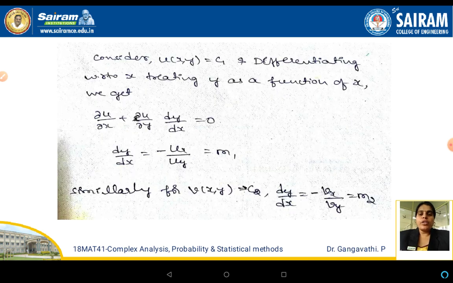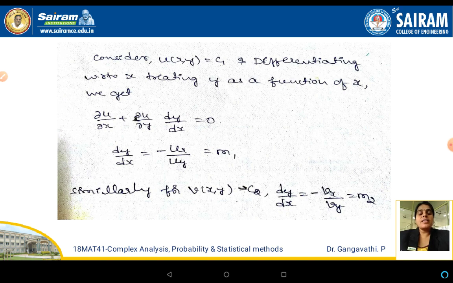Here I have specified both the ways, and let us see which is suitable for us to use to show that the curves are orthogonal. Consider the real part of the analytic function f(z), that is u = c1, and differentiate with respect to x, treating y as a function of x. Here u is a function of x and y, and differentiation is done with respect to x.